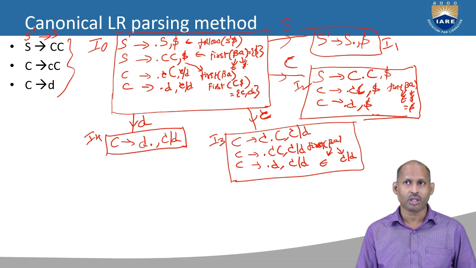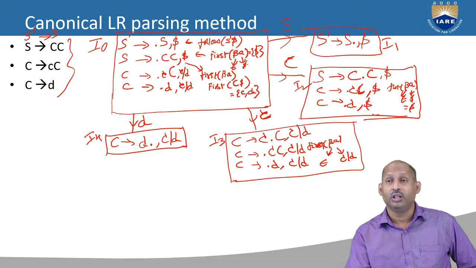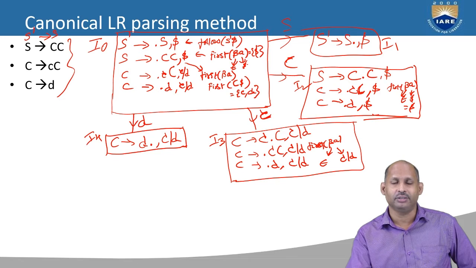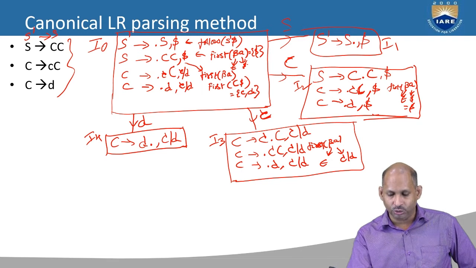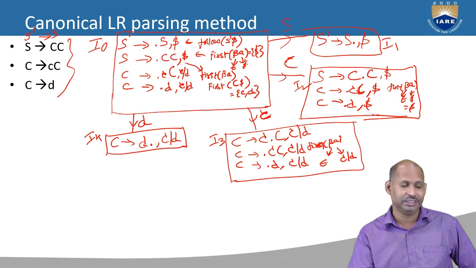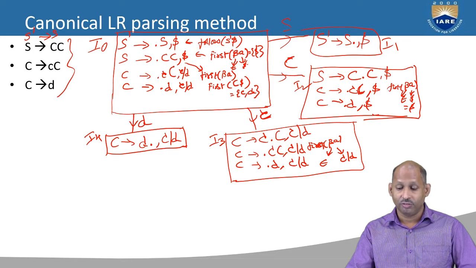Okay? Now we start with I1 once again. In I1, the dot is at the end, so there will not be any go-to operations. Now the I2 group: dot followed by capital C, dot followed by small c, terminal C, then dot followed by D. So there are 3 symbols after the dot.